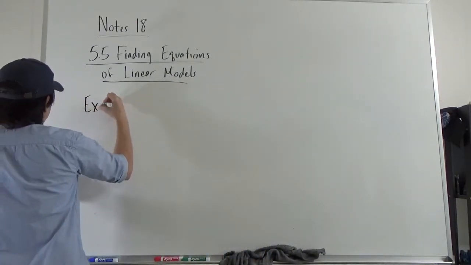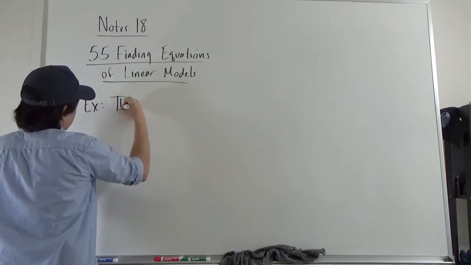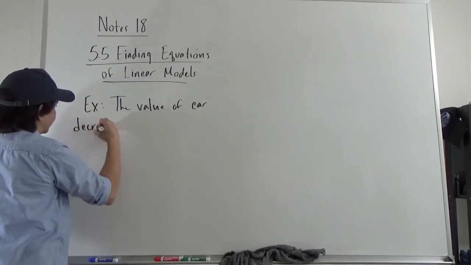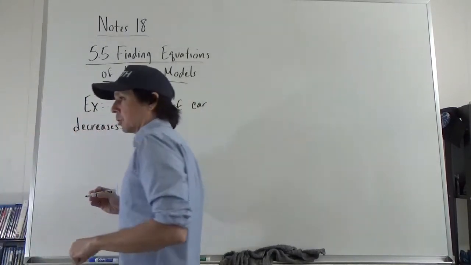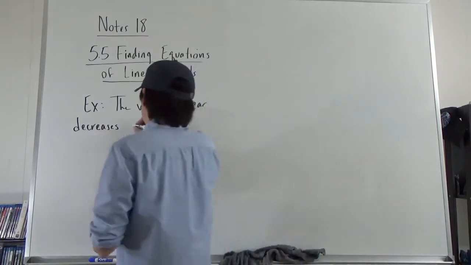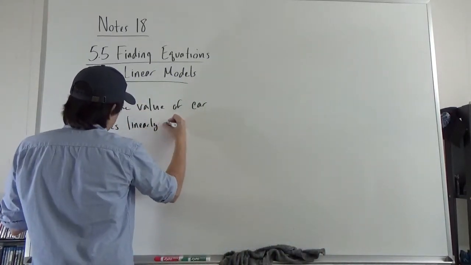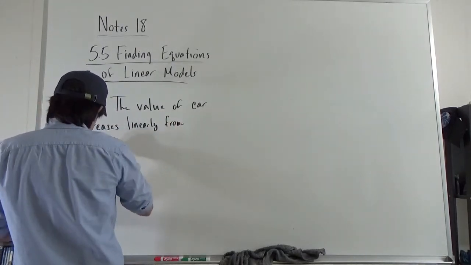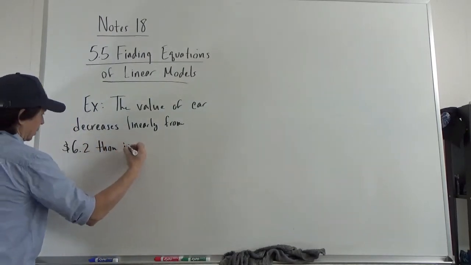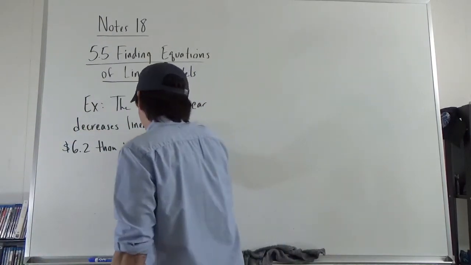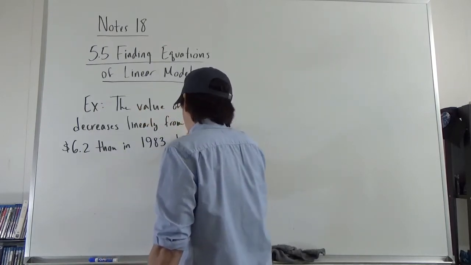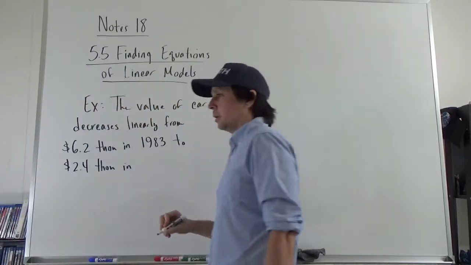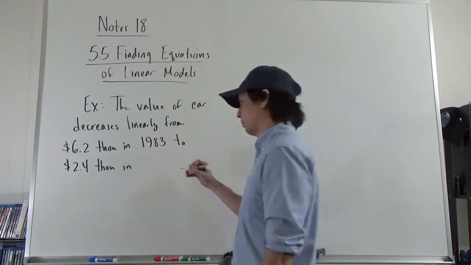Okay, I'm just going to trace an example. The value of a car decreases linearly, I mean it's going to be in the form of a line, from $6.2 thousand in the year 1983 to $2.4 thousand in the year 1991.